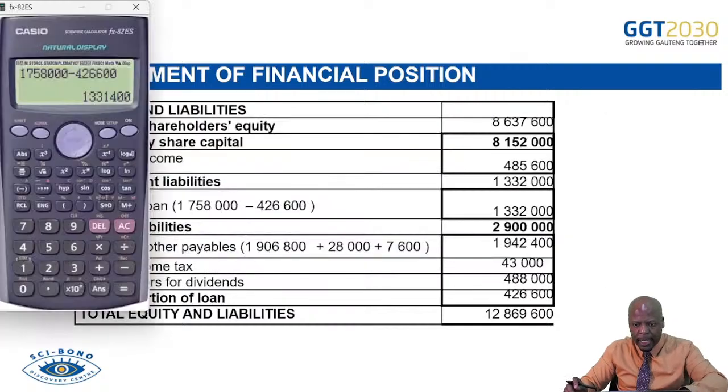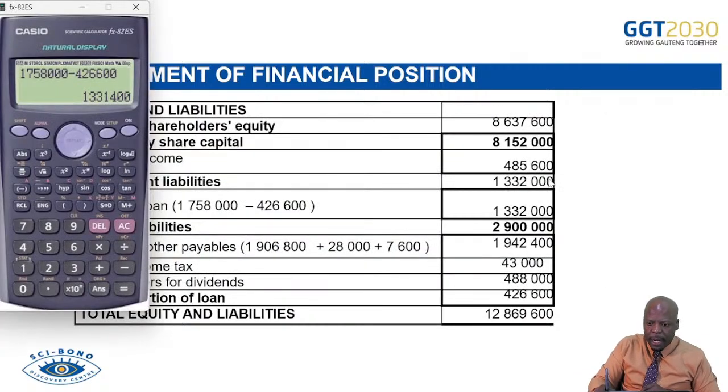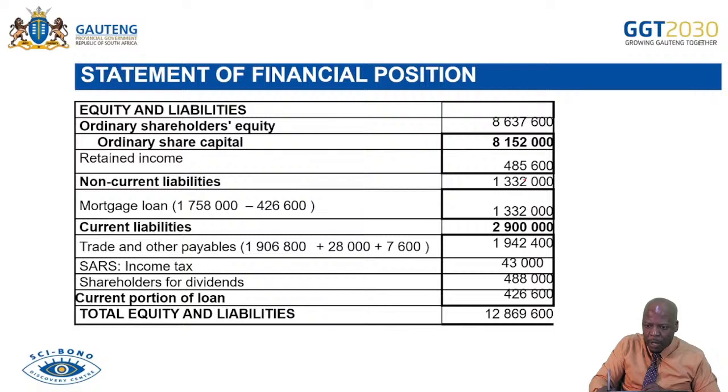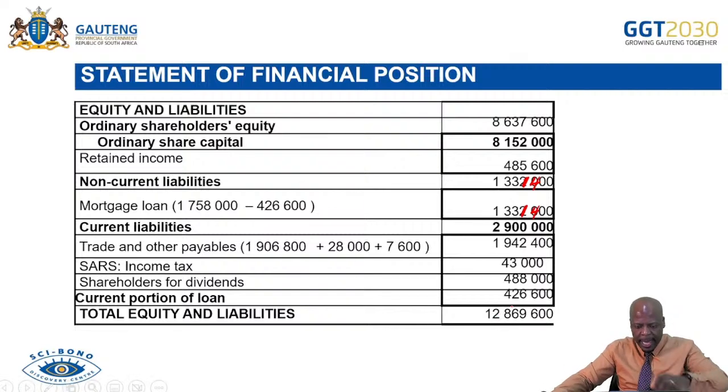So remember here, we are going to get our 1,331,400, that is our loan. We're going to get our total equity and liabilities at the end.